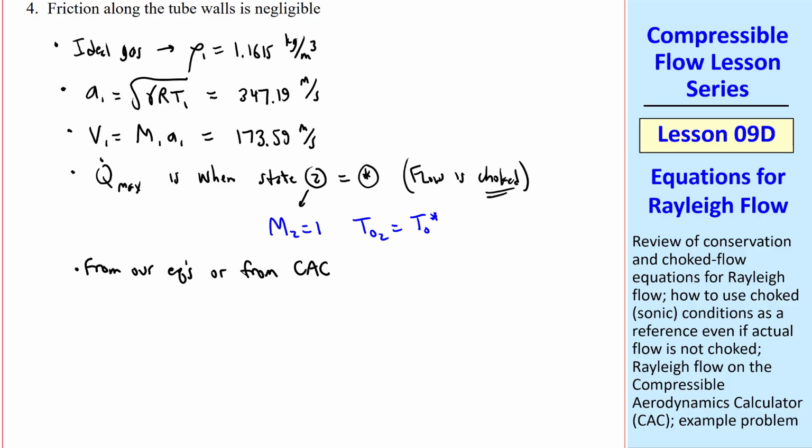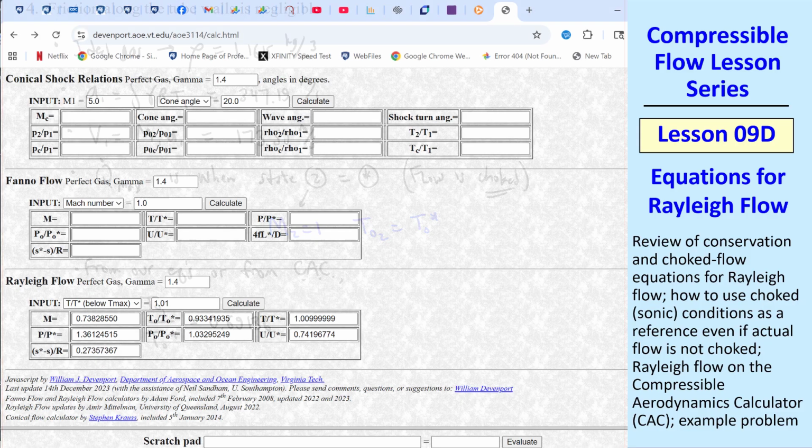So from our equations, or from the compressible aerodynamics calculator, T01 over T0 star turns out to be 0.69136, which I can quickly verify by entering a Mach number of 0.5 and hitting calculate, and there's my value of T0 over T0 star.